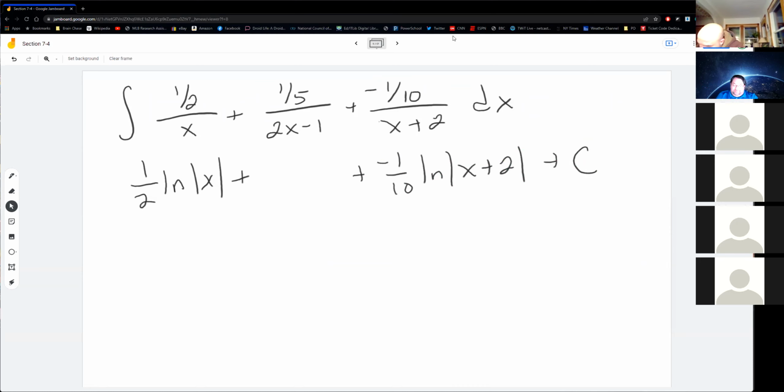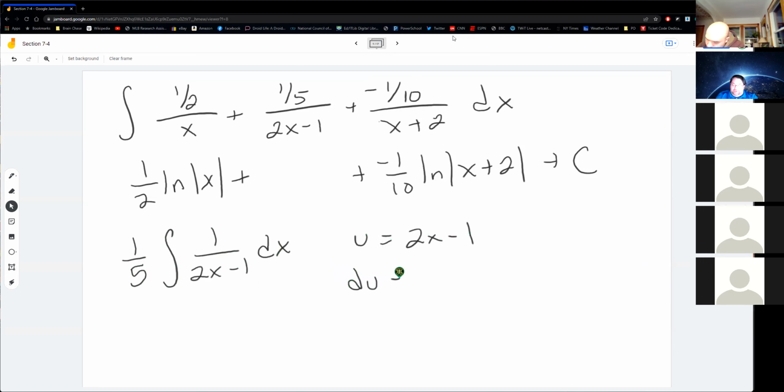So this one, the 1/5 is going to come out, but then we have 1 over 2x minus 1 dx. So if u is 2x minus 1, du is 2 dx. The 2 doesn't vanish. Because there's a 2 there, I got to bring it over.